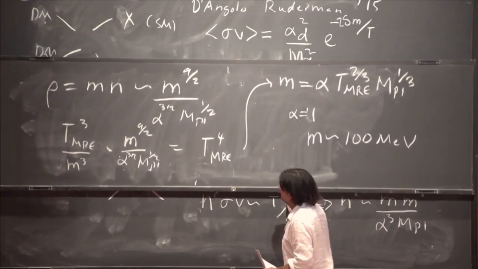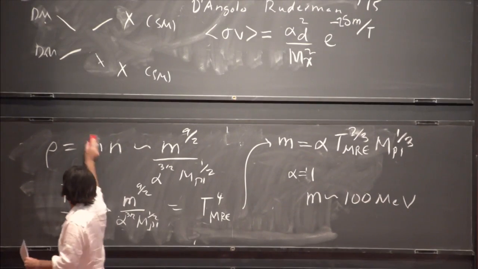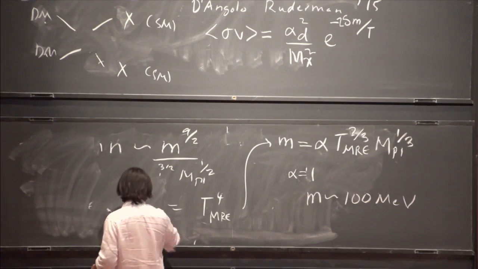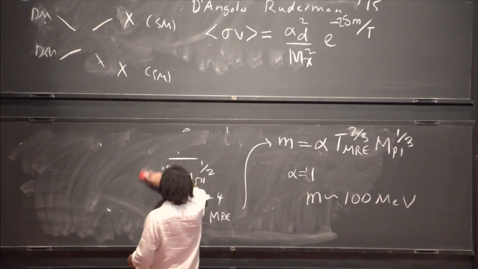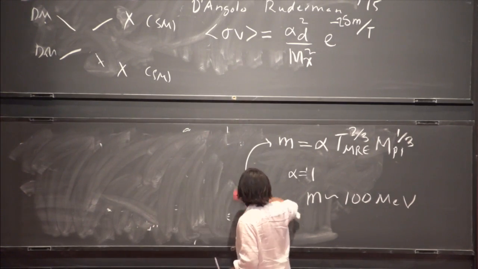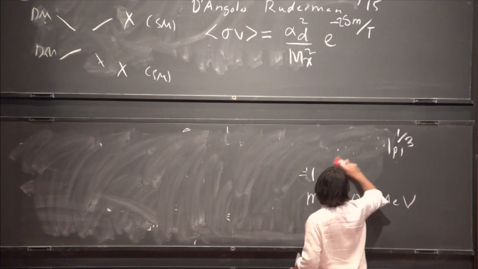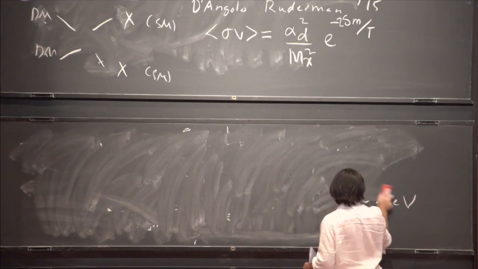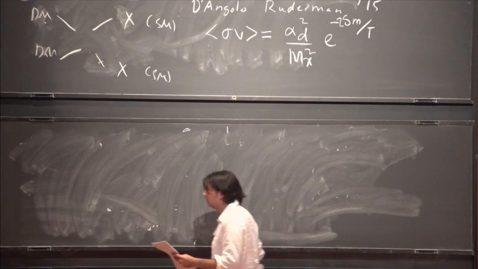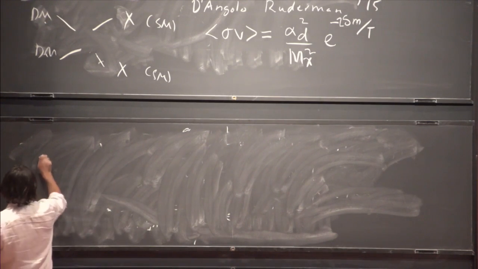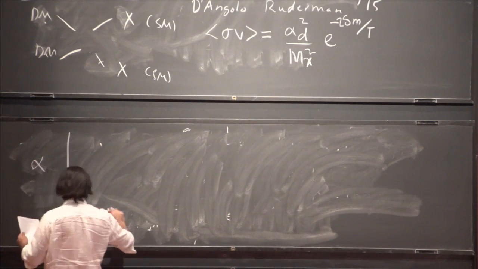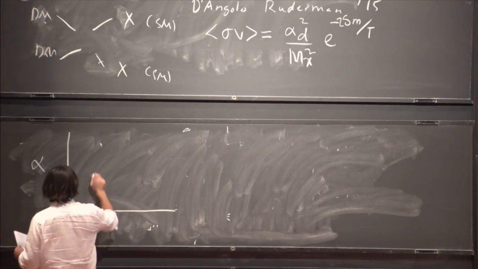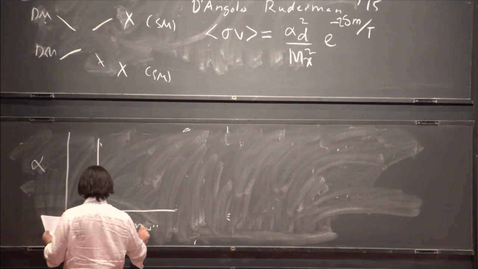And you can write an overall plot where you have some coupling constant here, and you have, say, mass down here.